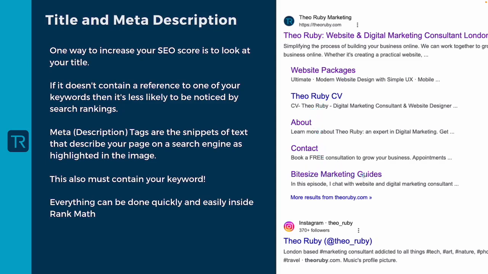It's a nice way for you to be more visible and to fill up more of the space. So if someone is on search, they're going to see your name and your services a few times. This can all be done very easily inside Rank Math, and there's a process that you'll go through. Once you do it once, you can just replicate that for the other pages as well.